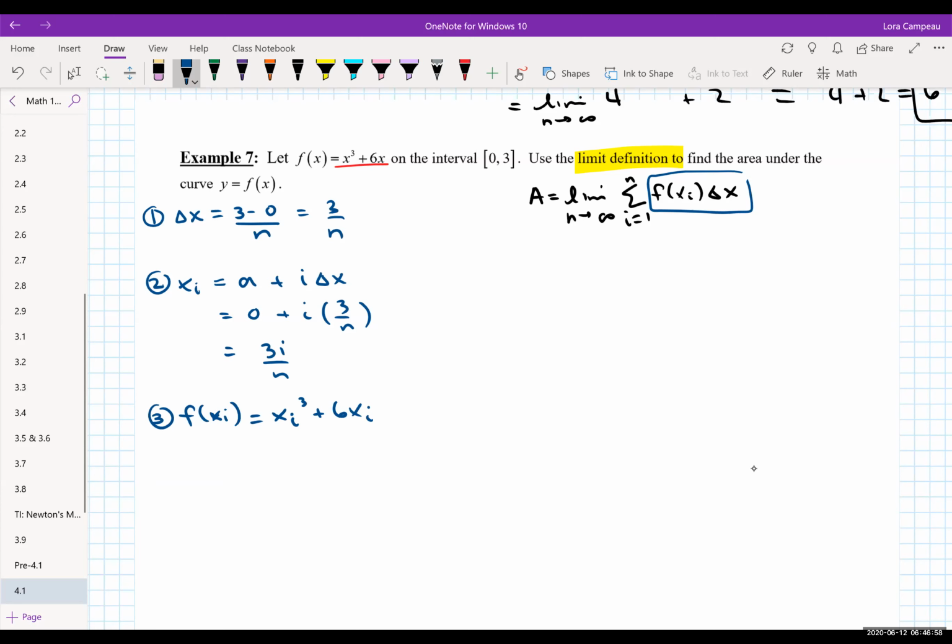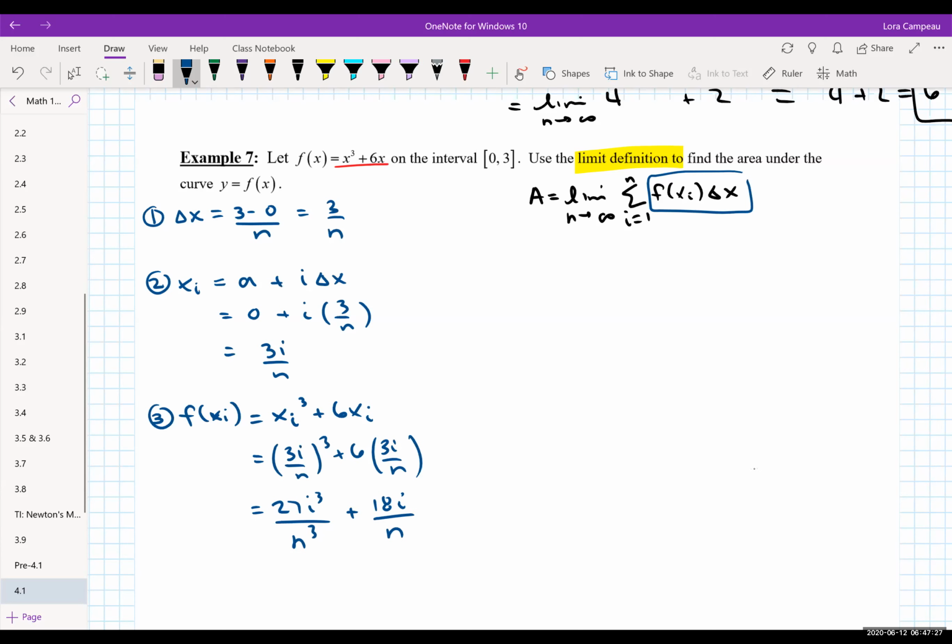Since we know who x_i is, now it's just a straight plug-in: 3i over n cubed plus 6 times 3i over n. If we cube 3i, we get 27i cubed over n cubed. 6 times 3i over n is 18i over n.